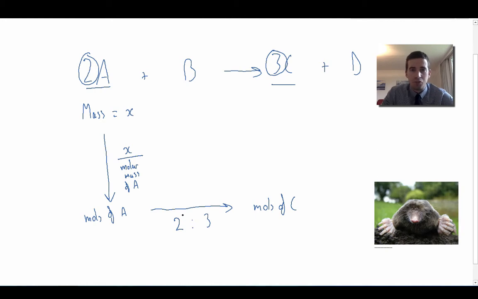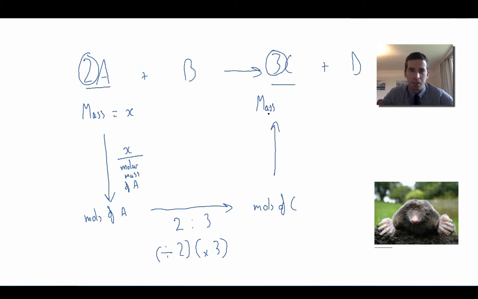But for those of you still unsure about how to convert using ratios, what you do, you divide by the first number, in this case 2, and then whatever you get, you multiply by the second number, in this case 3. That would get you moles of C. So only one step left to go from moles to mass of C.